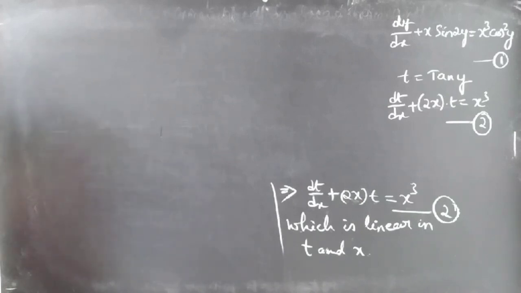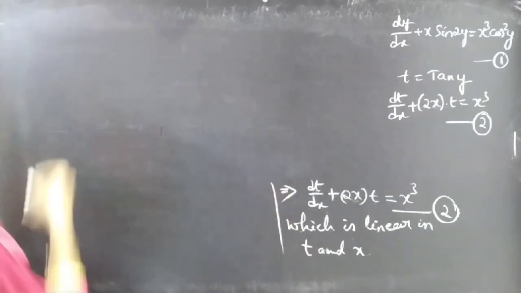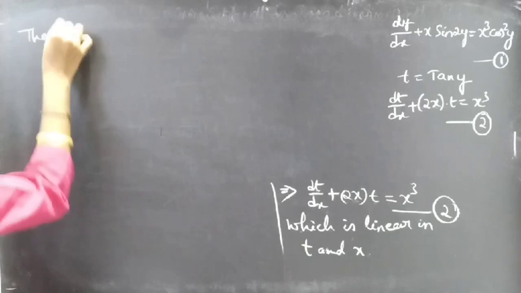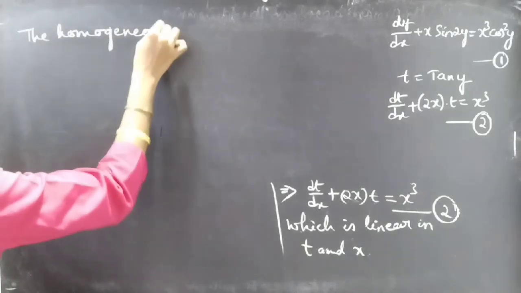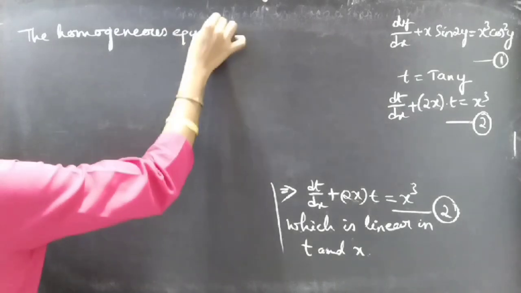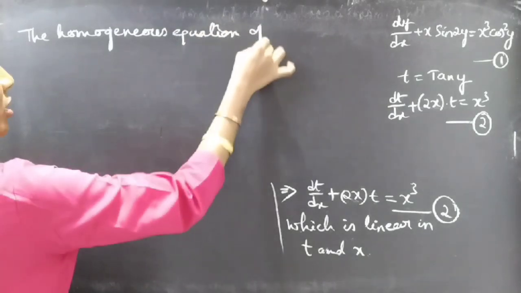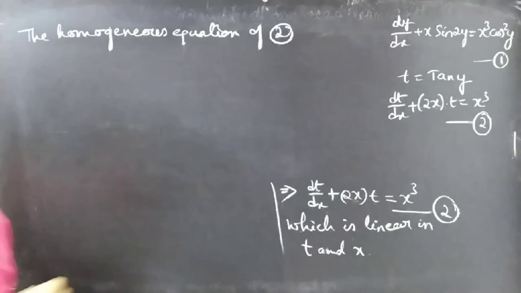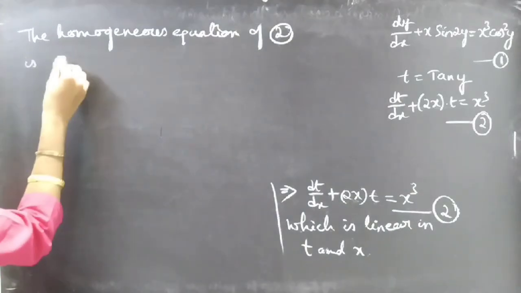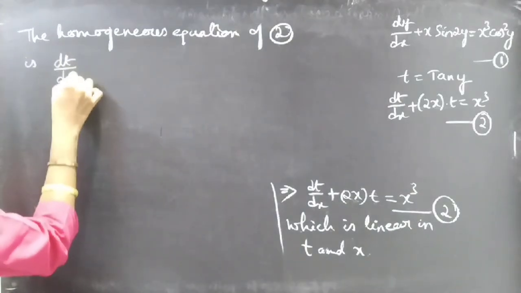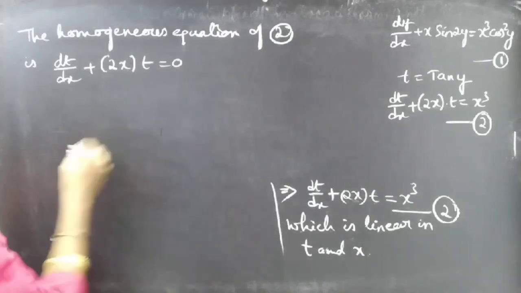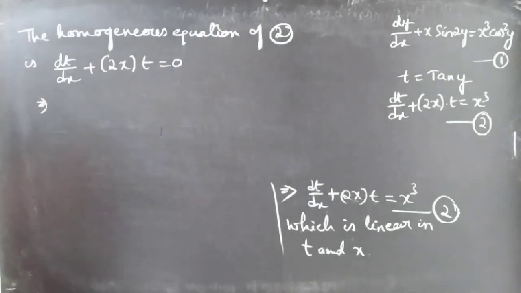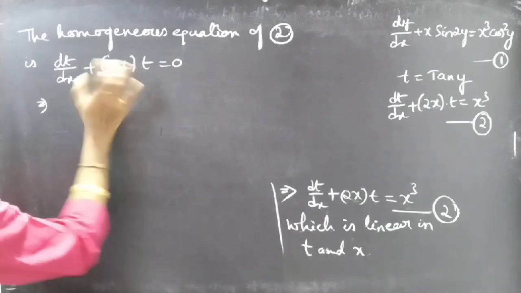Let's now write the homogeneous equation of equation 2. The homogeneous equation of equation 2 is dt by dx plus 2x into t equal to 0, right? Let's now separate the variables by sending the second term to RHS.